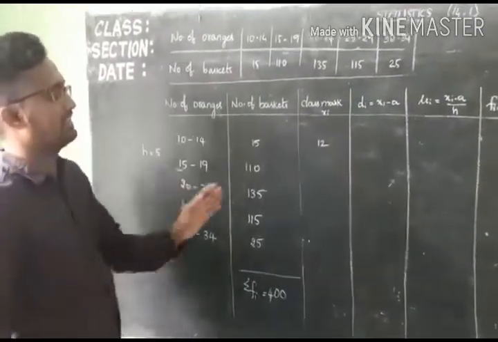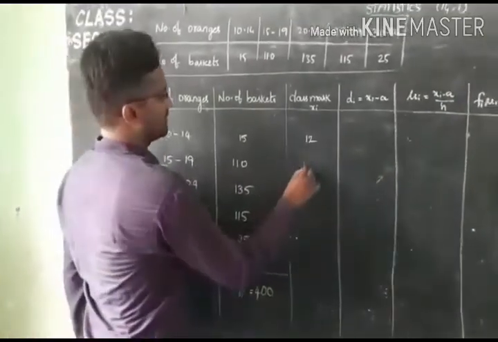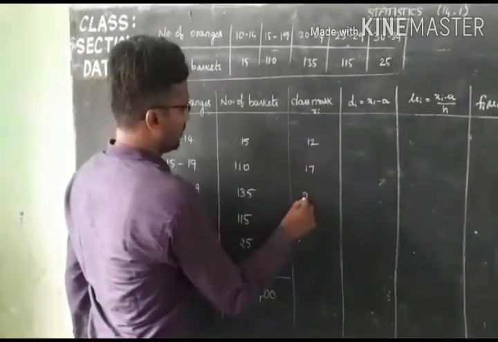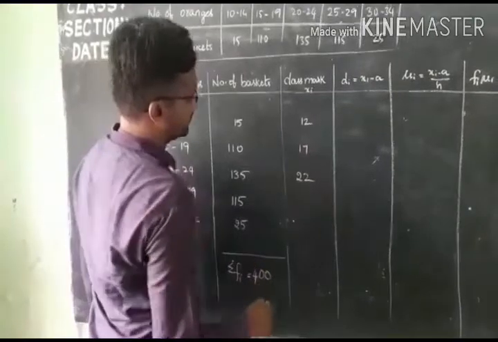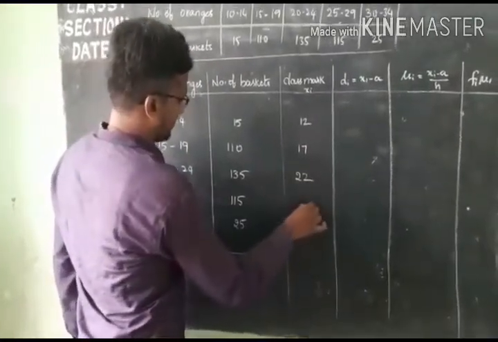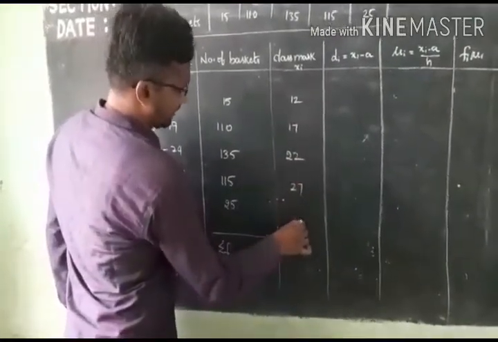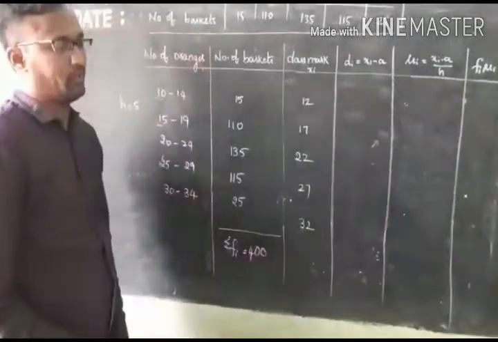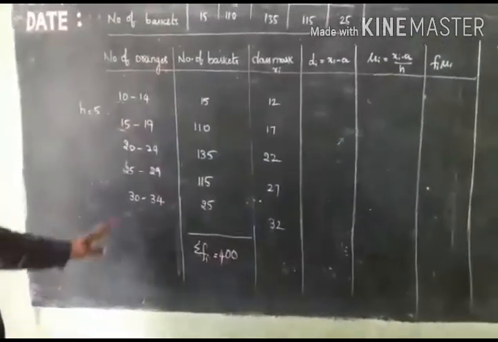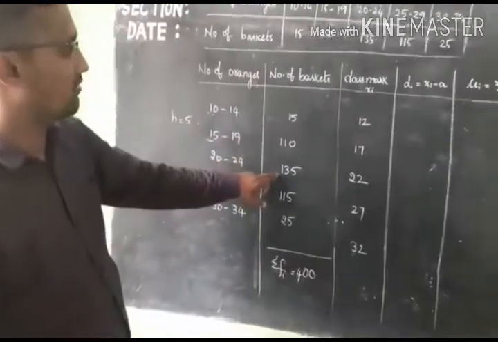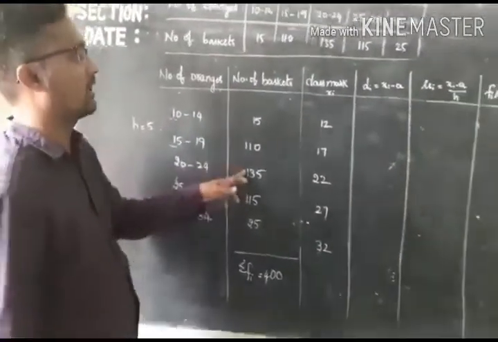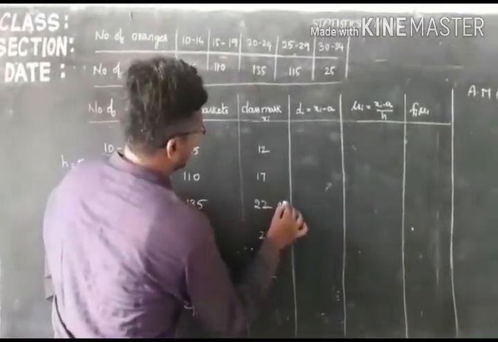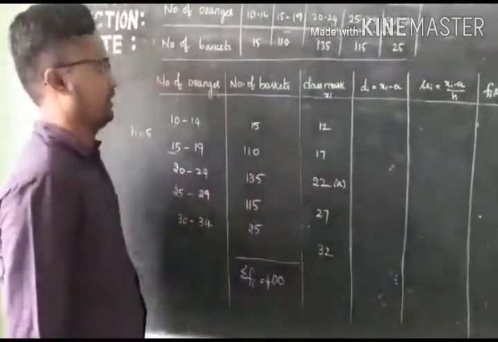Just keep on increasing by 5: 17, 22, 27, 32. Now where is the highest frequency? The highest frequency is here, and its class mark is the assumed value, 22.